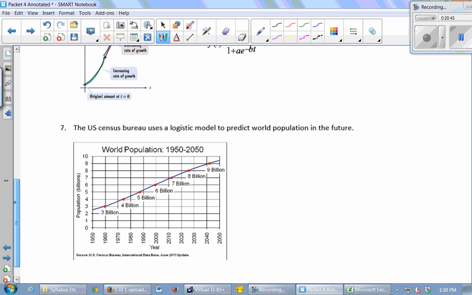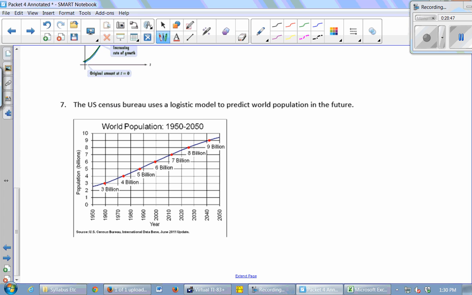Very good. So the US Census Bureau is currently using a logistic model to predict world population in the future because it looks like somewhere in the 1990 to 2000 range, we switched from this exponential growth where it's bending upwards to this more logistic growth where it's bending downwards.